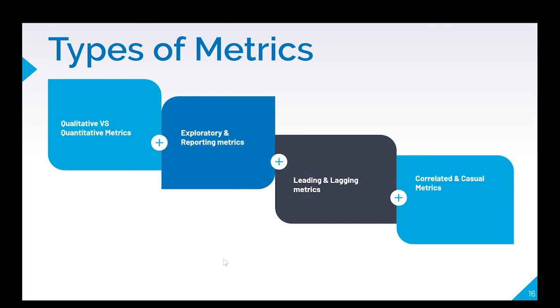Then we have correlated and causal metrics. If two metrics change together, then they are correlated. And if one metric causes another to change, they are causal. Let me explain this. Say you find a causal relationship between something you want, higher revenues, and something that you can control, which is the ads that you show to your users.